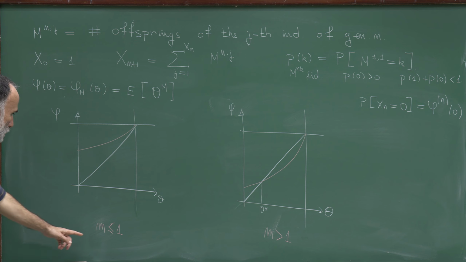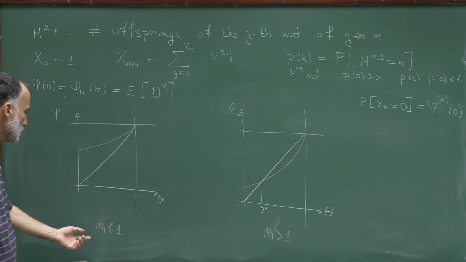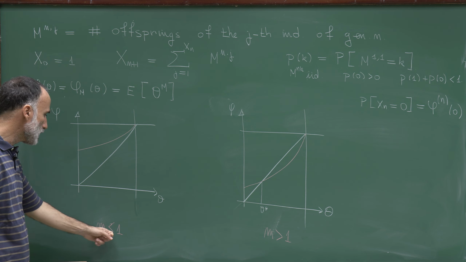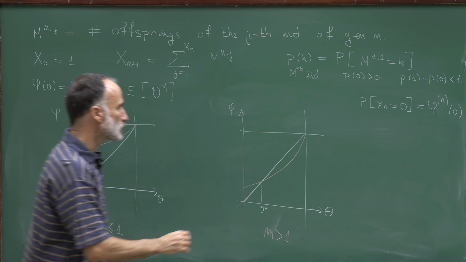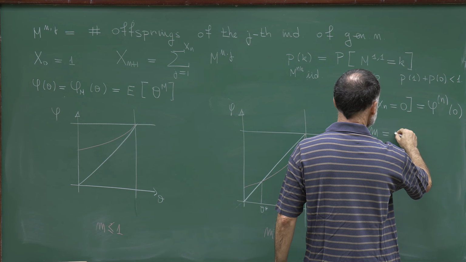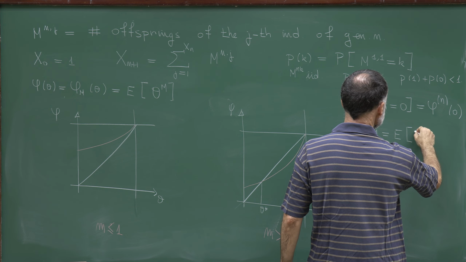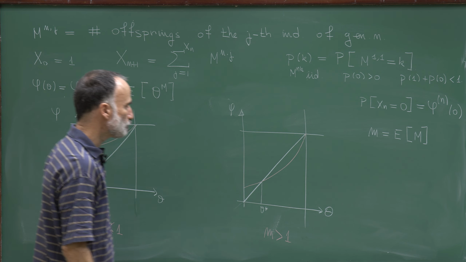So here we have seen that there are essentially two typical behaviors. One, if m is less than or equal to 1. Remind yourself that m is the expectation of the offspring distribution, which is the mean number of offspring in this population.